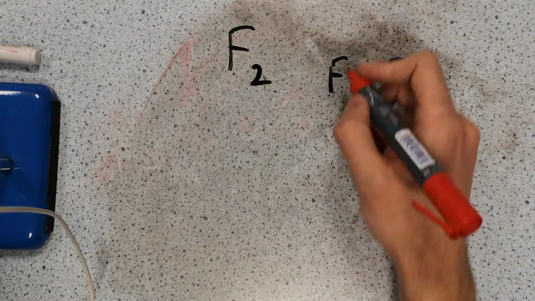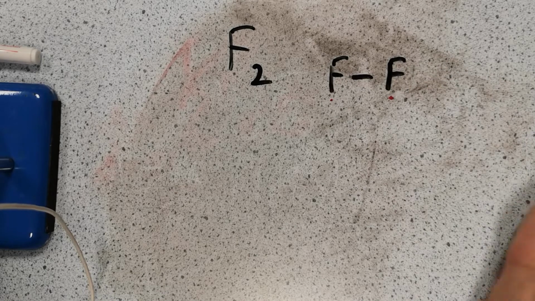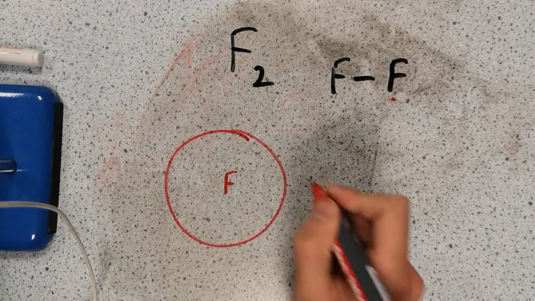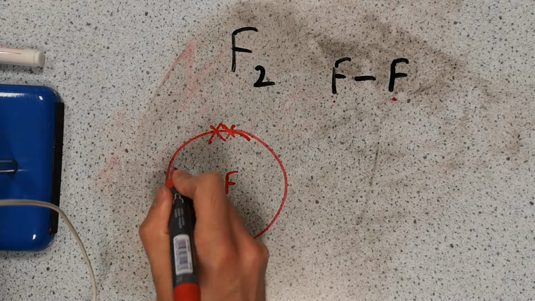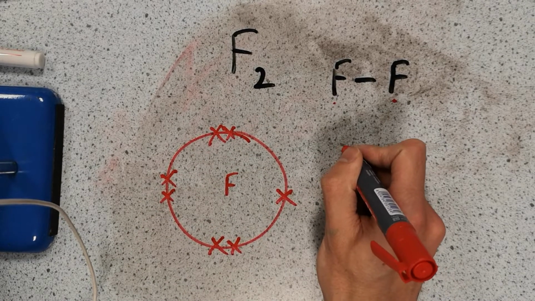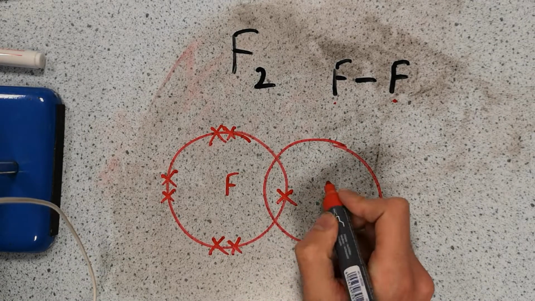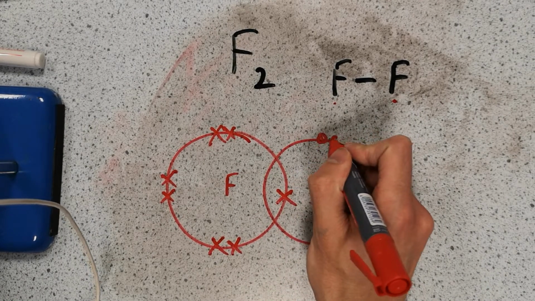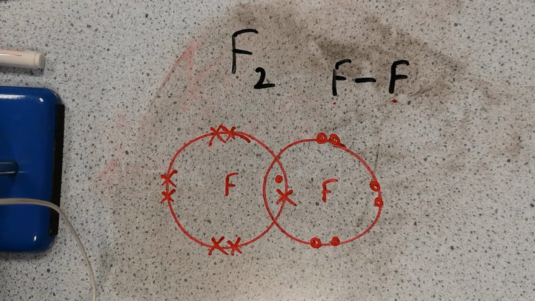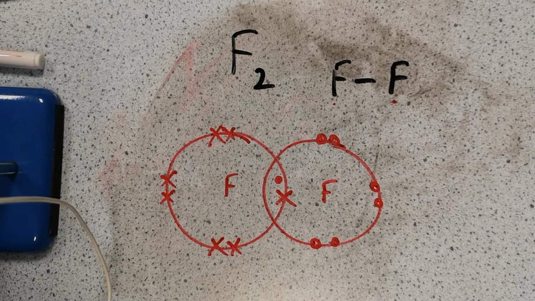We know it's covalent because we've got a non-metal bonded to a non-metal. Fluorine, as we said earlier, has 7 electrons in its outer shell, so it is going to overlap with a second fluorine, which also has 7, and they're each going to donate 1 electron into a shared pair of electrons in the centre.